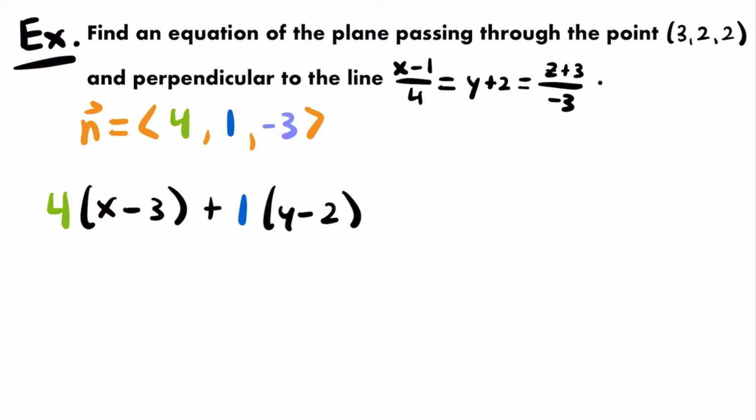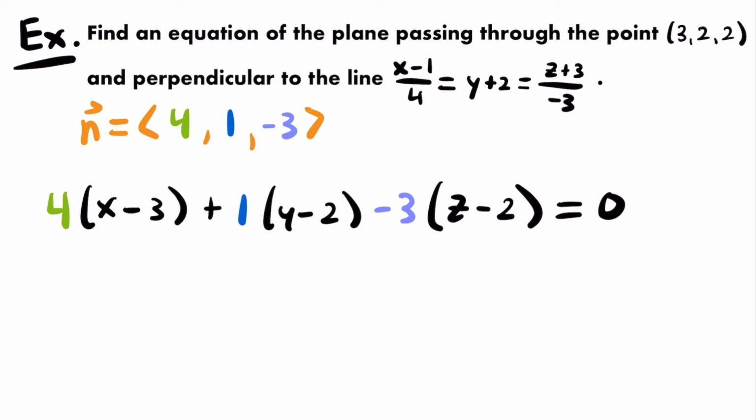So we have y minus 2, and then we're adding, or in this case, I guess we would subtract 3 because we have negative 3 as our value of c. So I'll write it like this. We'll have minus 3 times z minus z1, which is the z coordinate from our point, and that's 2, and that will be equal to 0.